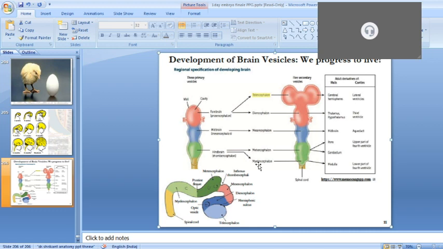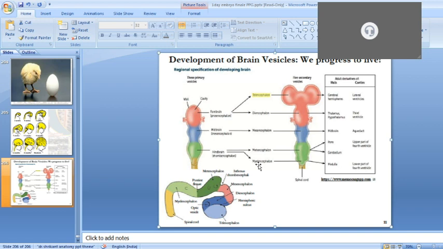Okay, this is the same thing, and here all the flow chart is given. So this is a nice diagram.